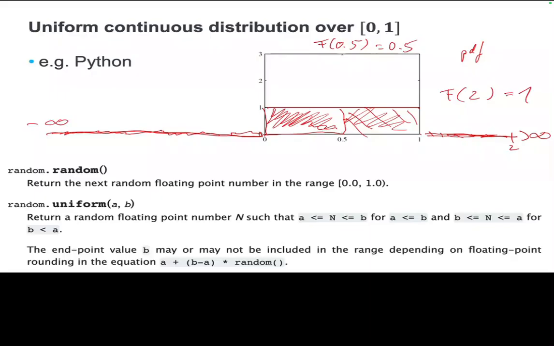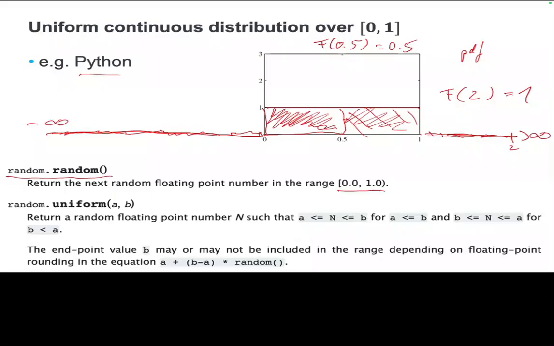So sampling is often done when I want to generate observations following a particular distribution. In this case, if I use Python, I can just use this function random.random. It returns a floating point number in the range between 0 and 1.